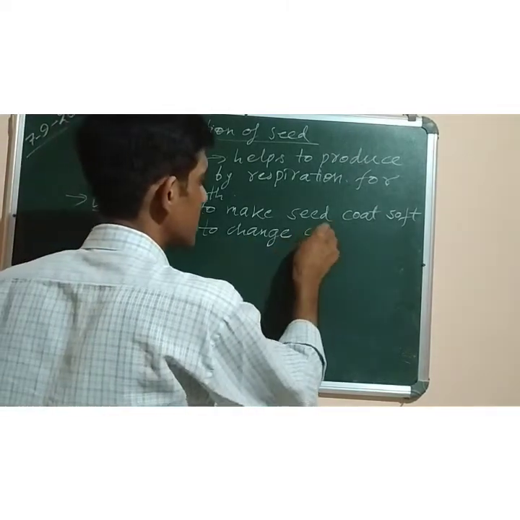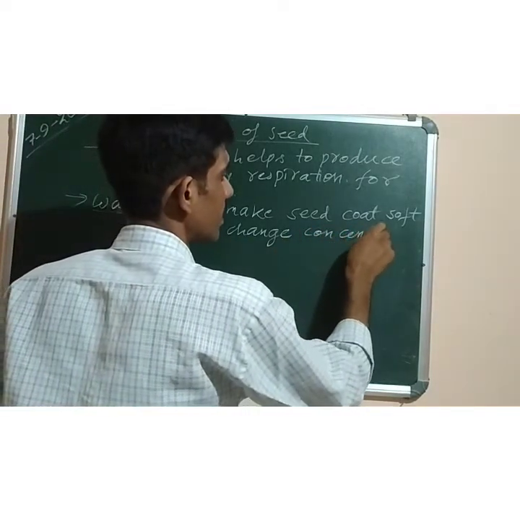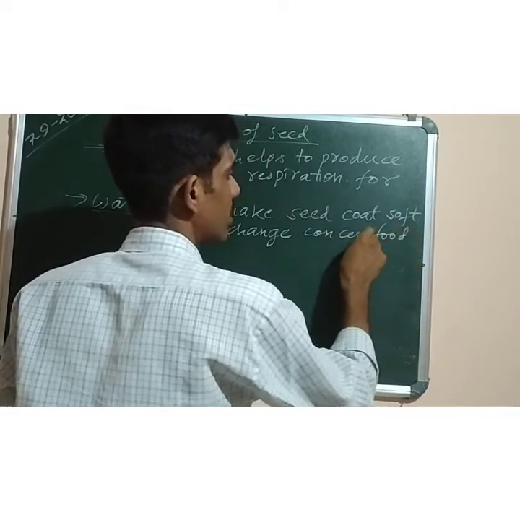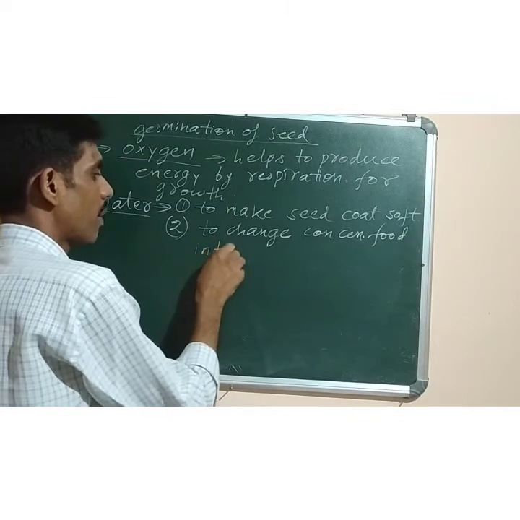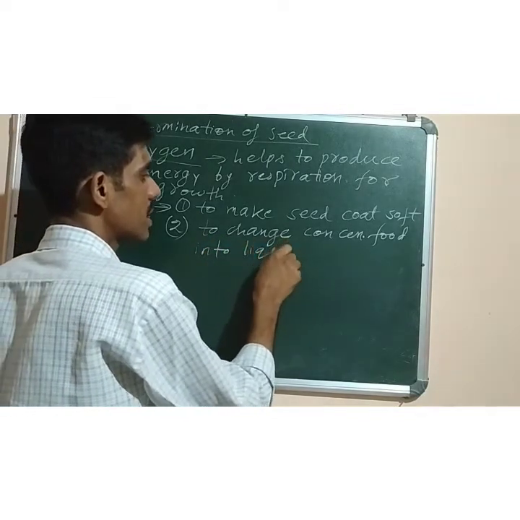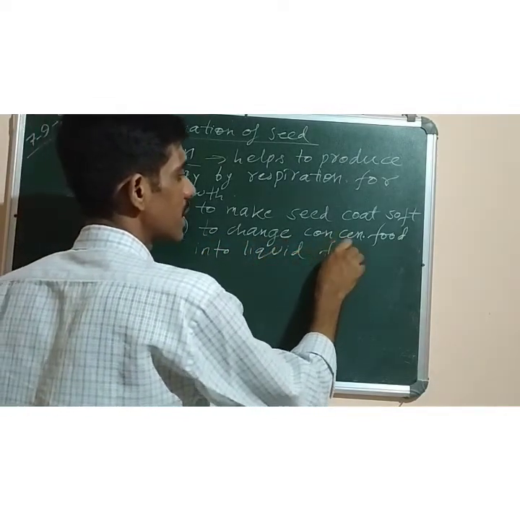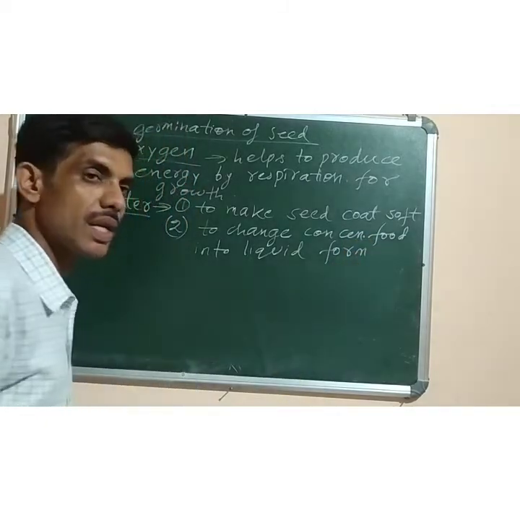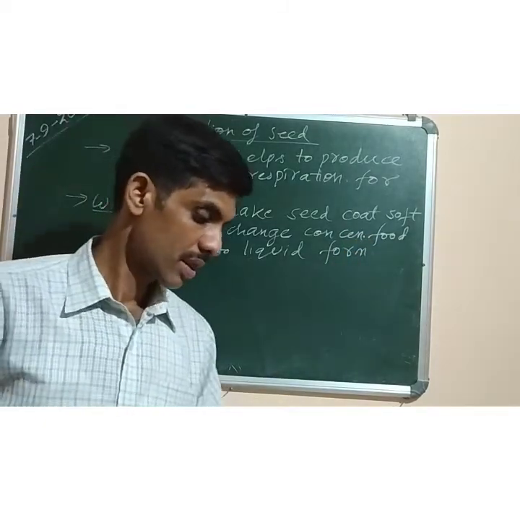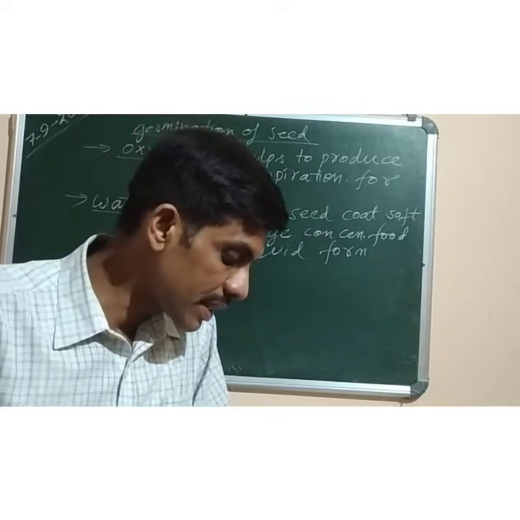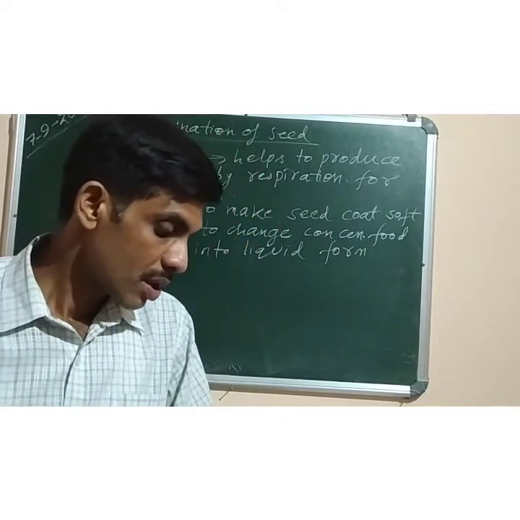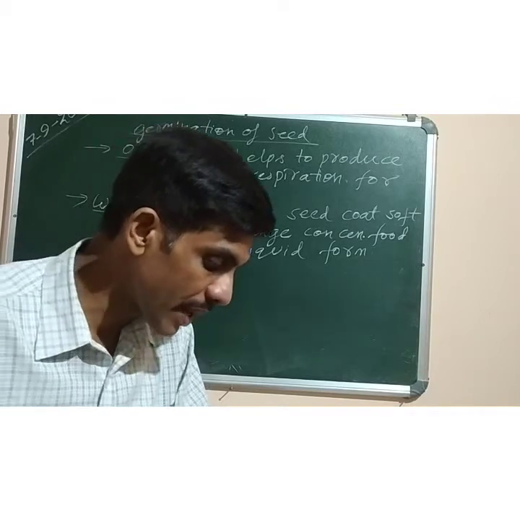To change concentrated food into liquid form, because in the presence of water, that food will change into a liquid form that can be easily utilized by the seeds for the process of respiration. And water is needed for germination, for liquid form to be utilized by the seedling.